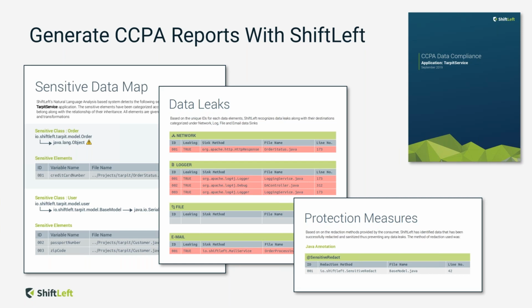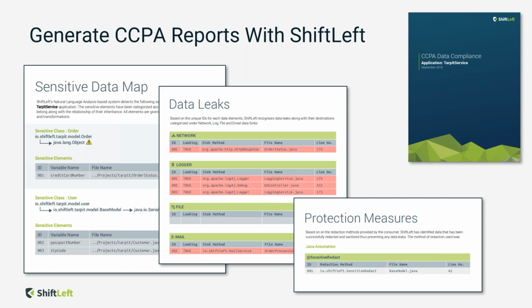Now, another criterion that is required for CCPA is you put a control in place. So there are two ways. One is if it is an actual leak, yes, you could fix your source code. But say we tell you this information is flowing into a log file and you figure out that you need that information in the log file for debugging, for analytics, for marketing campaigns, well, then what you need to do is put a control in place.